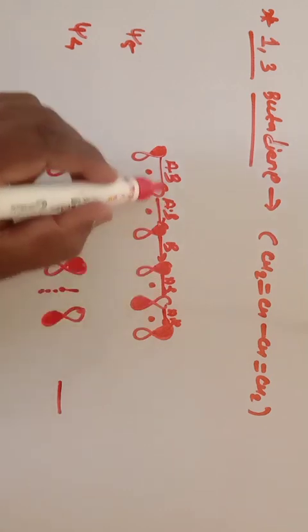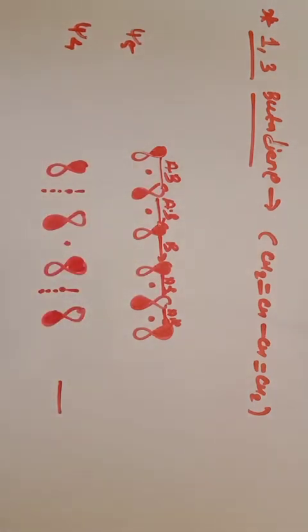So 1, 2, 3, 4: 4 antibonding minus 1 bonding, so 3 antibonding interactions should be there. To represent the nodal representation, you should understand, many times we write all 6p orbitals, many times we write only 4p orbitals. So you should understand and draw the pictorial representation to show the nodes in that p orbital interaction.